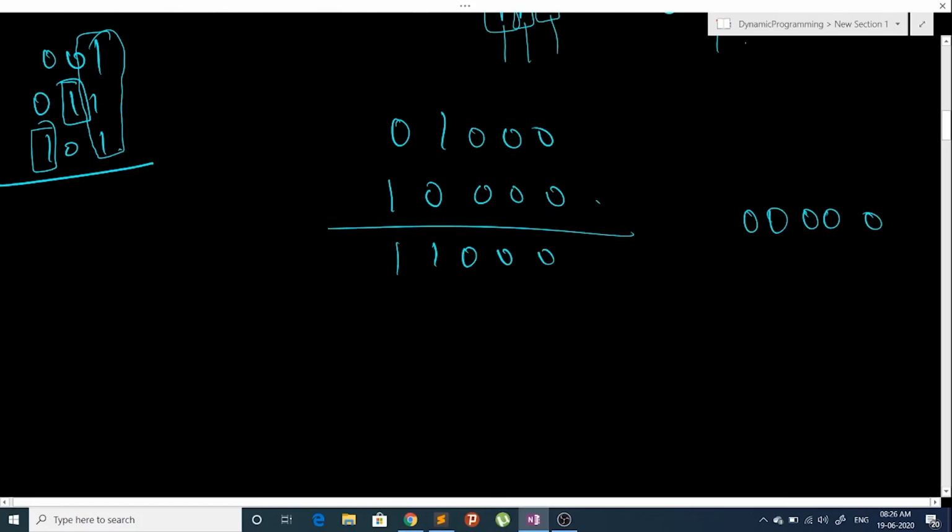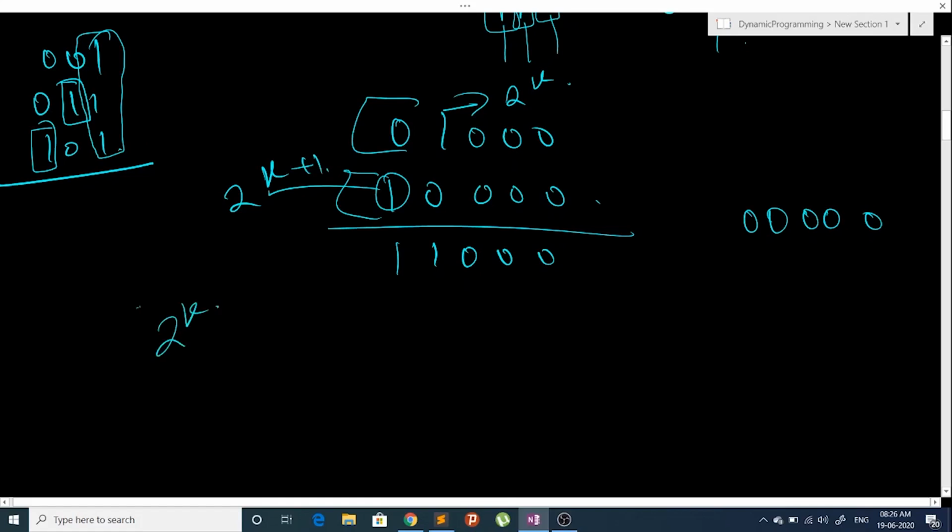So at first, before I did the operation, let's say this is 2 raised to power k and this is 2 raised to power k plus 1. So the answer was (2 raised to power k) whole square plus (2 raised to power k plus 1) whole square. So the answer was like this.